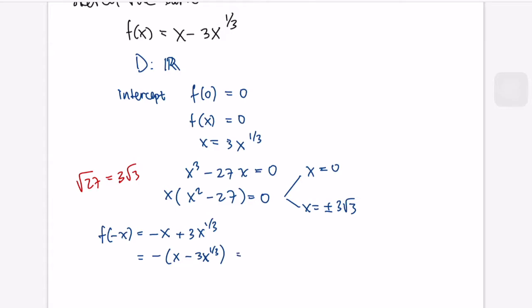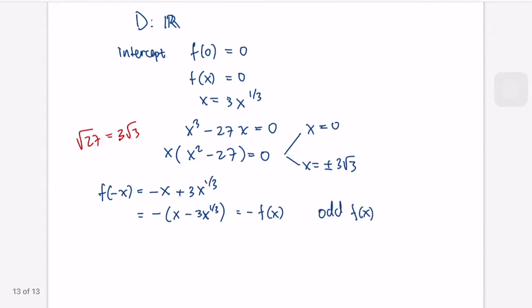So this will be negative f of x. So this will be an odd function, which means it is symmetric about the origin.